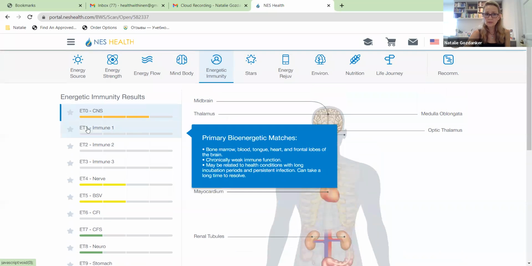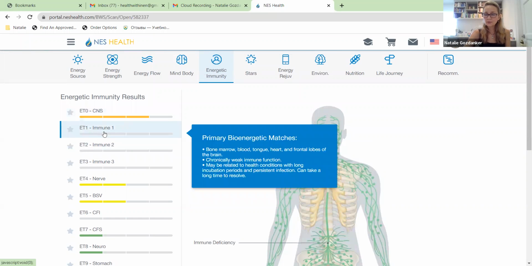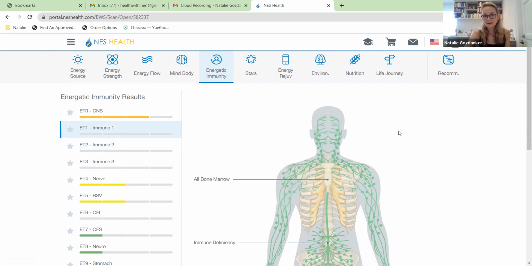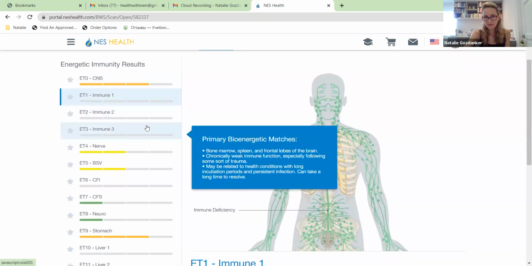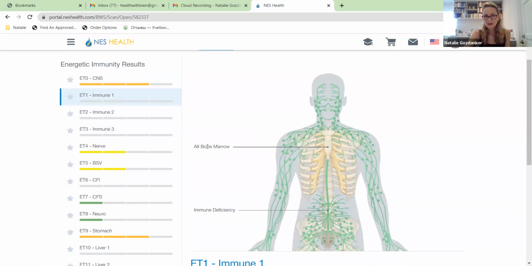Okay. You can see we have 3 immune parameters here on the screen, and they are all to do with a poor or weak immune system. First of all, all 3 of them attack bone marrow, and there are immune cells which are in the digestive tract and all around the body.